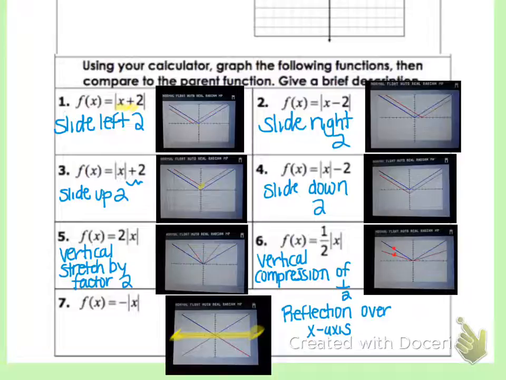Now, as it turns out, if that negative instead was inside the absolute value, in other words, if it looked like this instead, with the negative inside, remember that absolute value brackets are going to cancel out that negative.